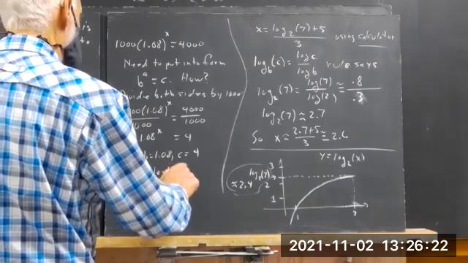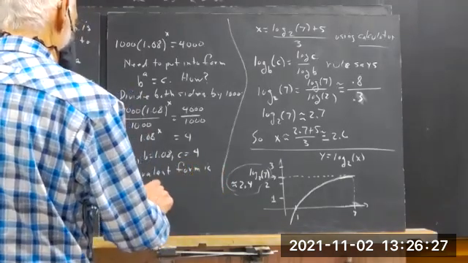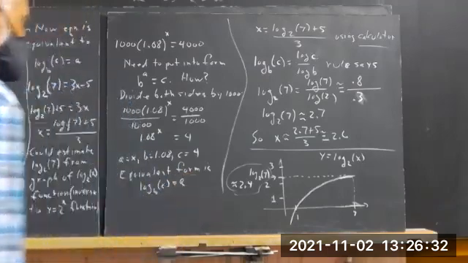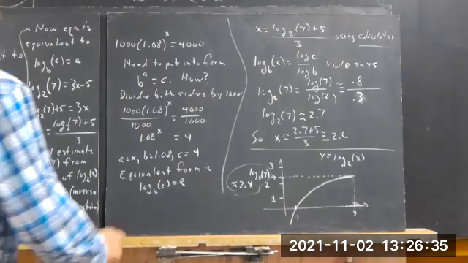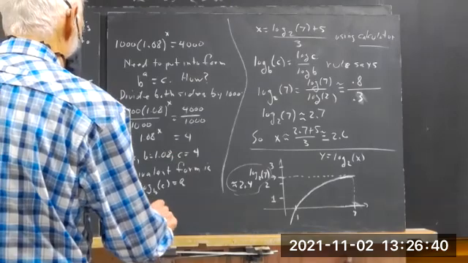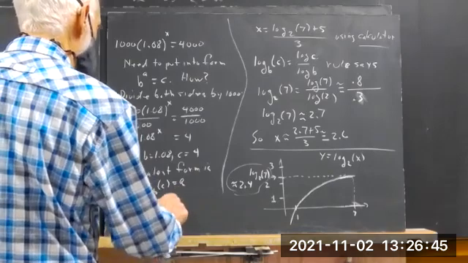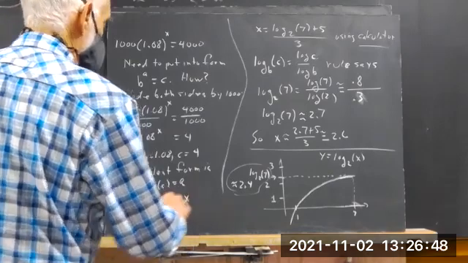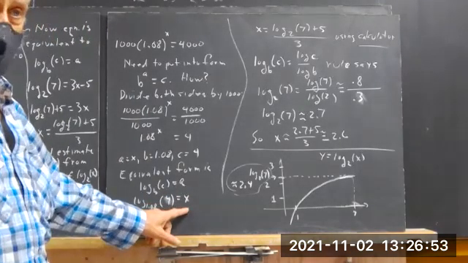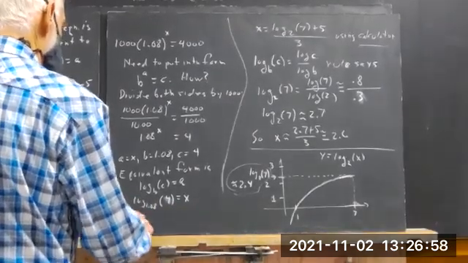The equivalent form is log base b of c equals a, which for the values of a, b, and c is log base 1.08 of 4 equals x. Well, we don't even have to do any work to find x, just evaluate this using the second rule.